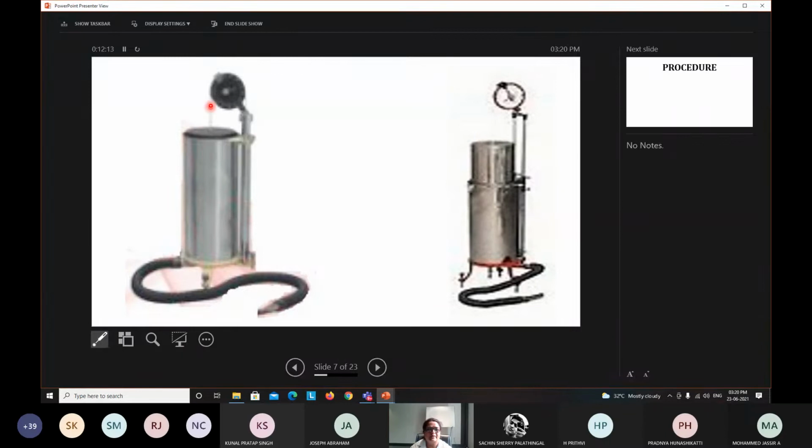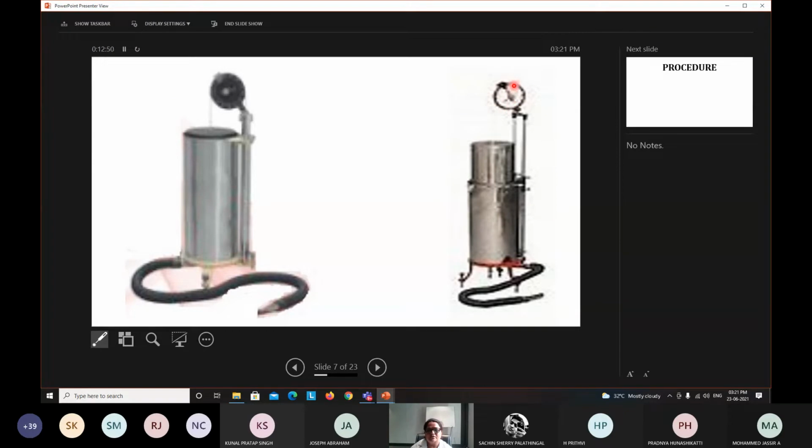I'm not sure whether you will be able to appreciate this chain which runs over the pulley. This is a graduated pulley, which has markings with a central needle. Whenever this inverted cylinder, which is called the bell, moves along with the air movement, it can be recorded over this circular disc, which also acts as a pulley.